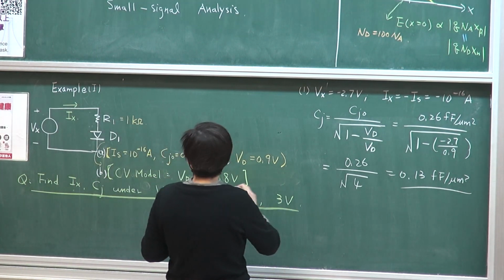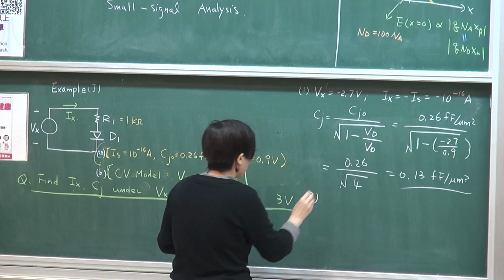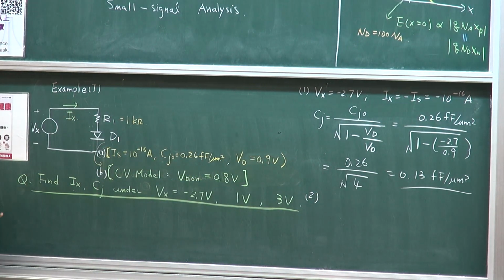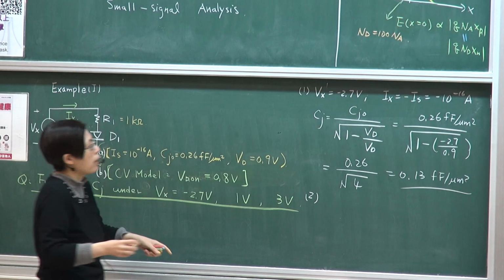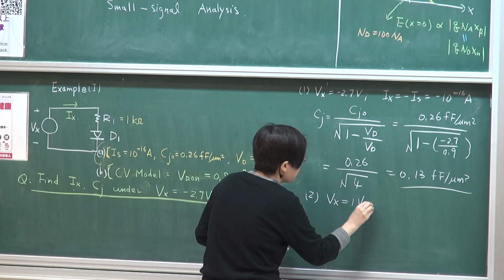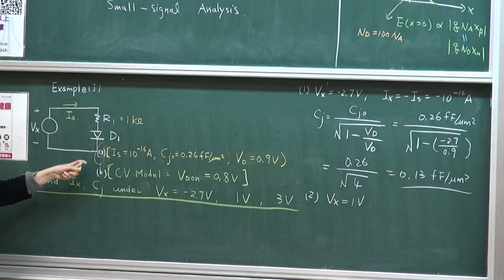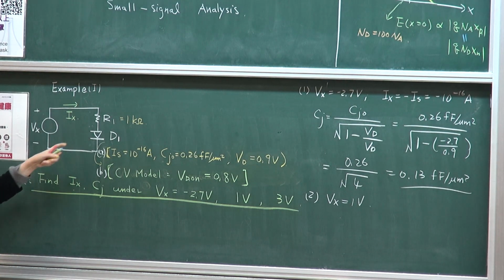So let's move on to part 2. How does one solve part 2 when you're applying a voltage Vx equal to 1 volt? Okay, we can use either model 1 or model 2. So let's look at model 1. How does one approach this problem?